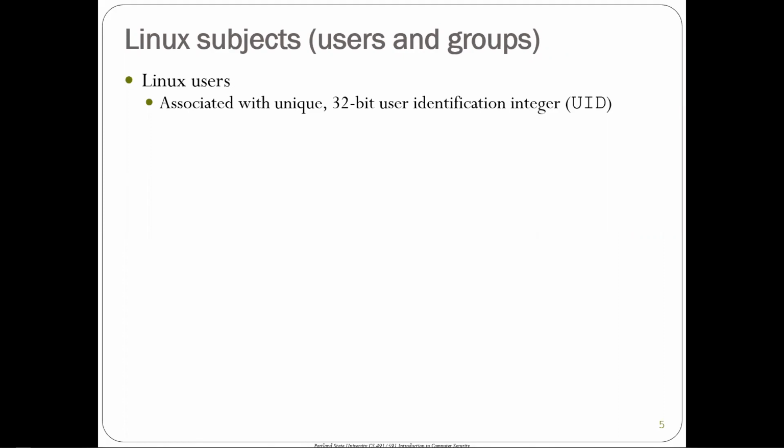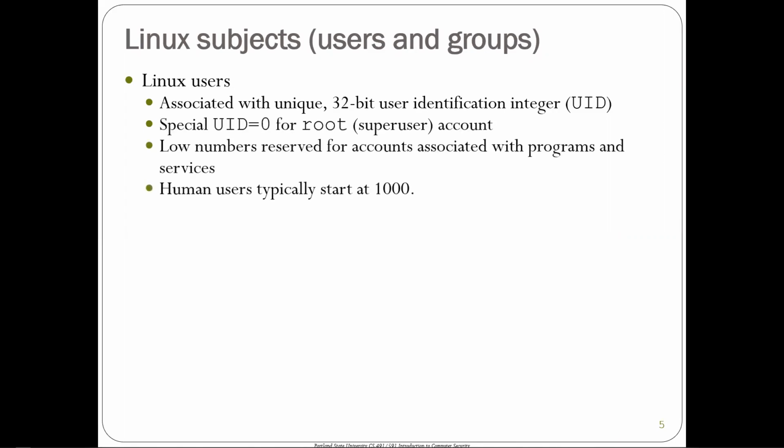Linux users are associated with a unique integer, their UID, and you'll see the UID terminology all over the place with Linux. There is a special UID of 0 for the superuser, the root account. Moreover, the low integers are typically reserved for system processes.